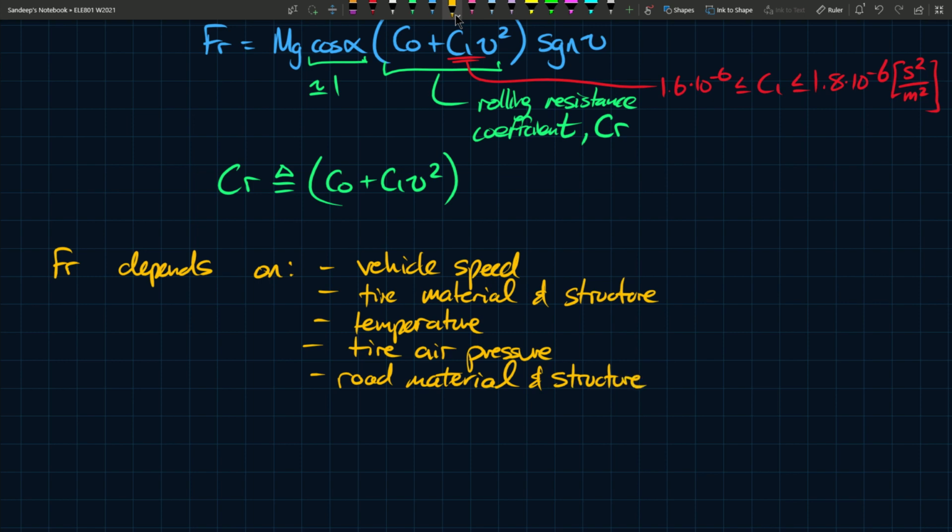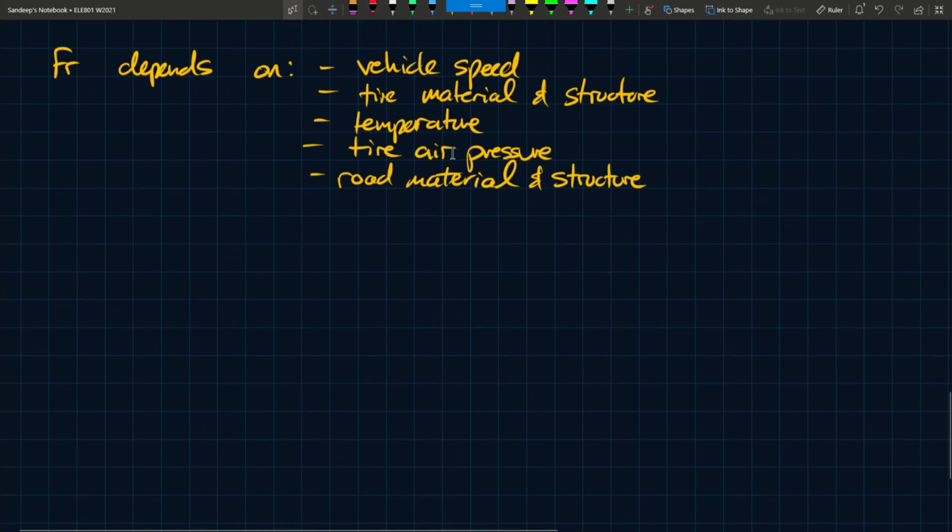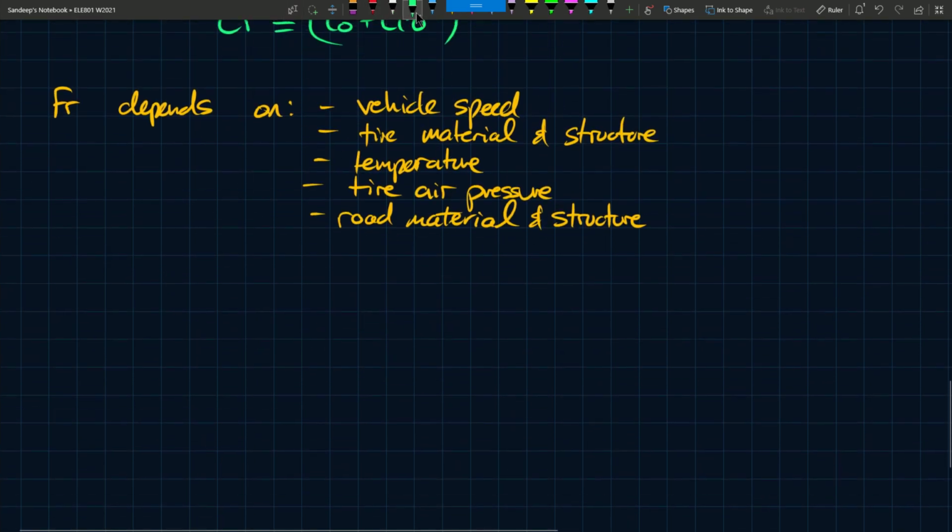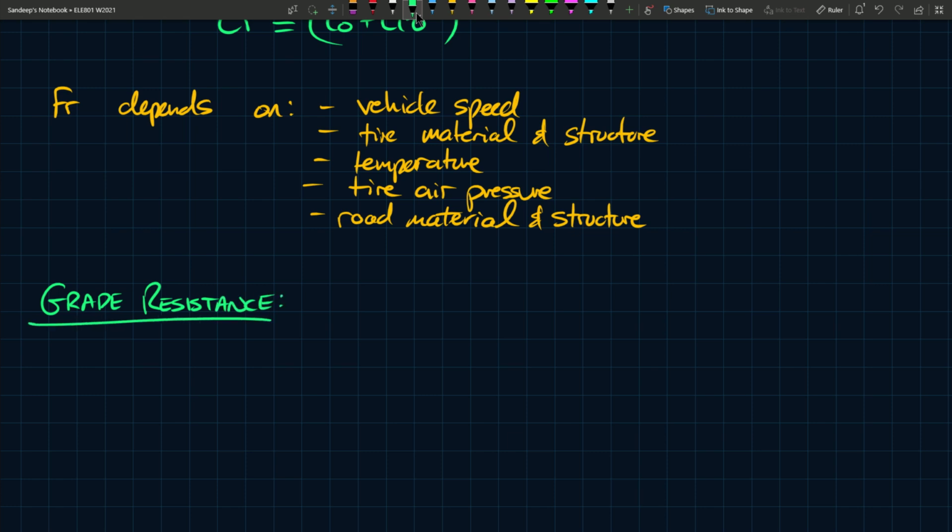Okay, so the next thing that we're going to move on to discuss is the grade resistance. And this one, actually, the aerodynamic resistance was fairly logical as well, but this is maybe even more logical.